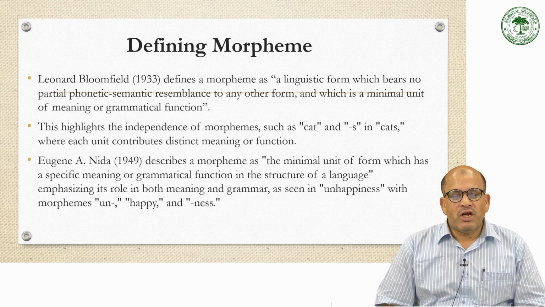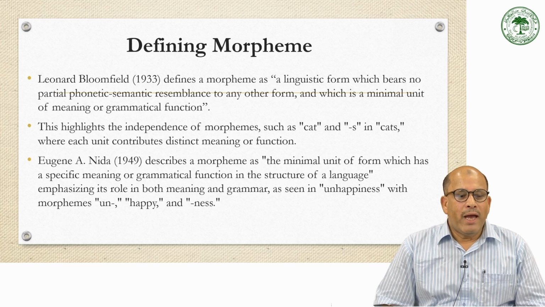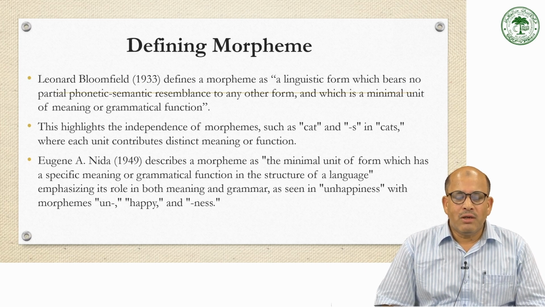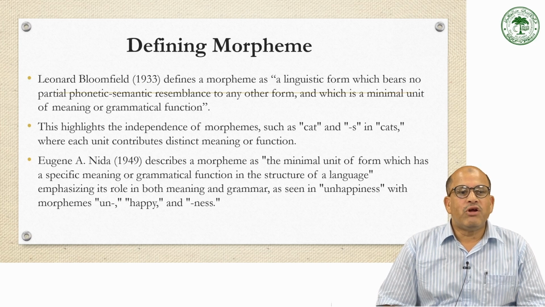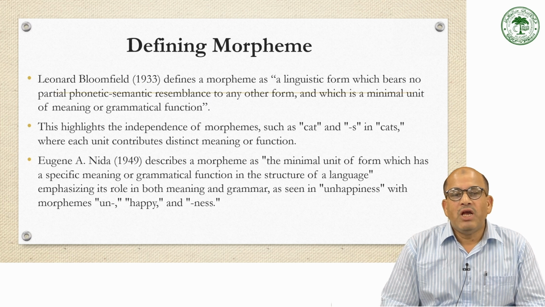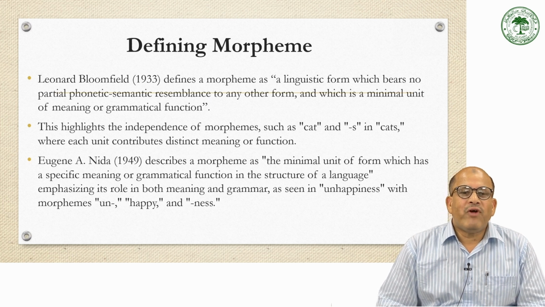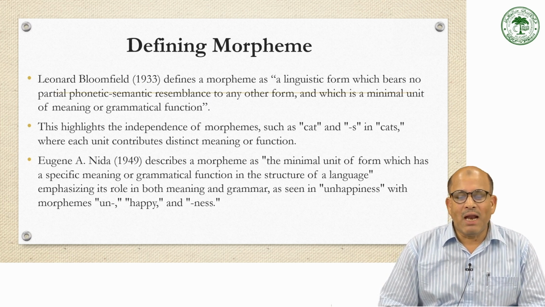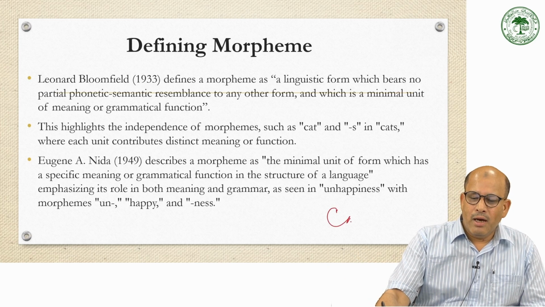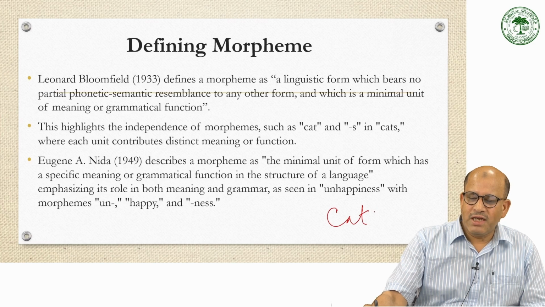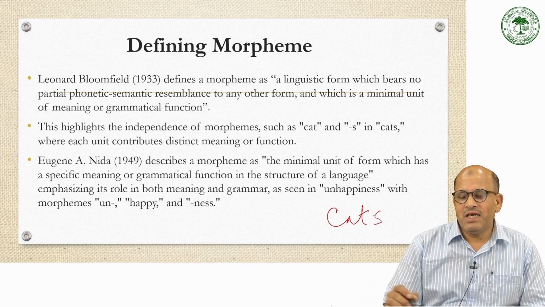There are many scholars who have given definitions, and Leonard Bloomfield defines a morpheme as a linguistic form which bears no partial phonetic-semantic resemblance to any other form and which is a minimal unit of meaning or grammatical function. So in every definition we can find these 2 things, the minimal unit and grammatical function. If I write cats here for the sake of understanding, you will see that there are 2 things.